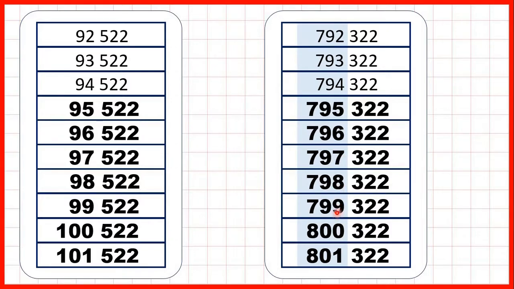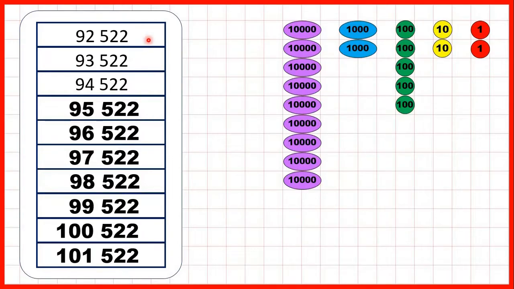So if we were counting in ones, after 799 we would have 800, and that's why when we're counting in thousands, after 799,322 we have 800,322.